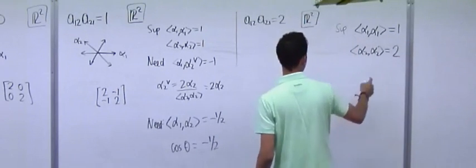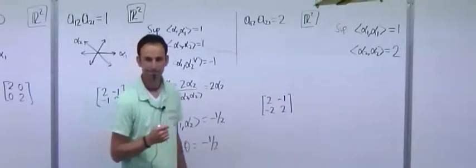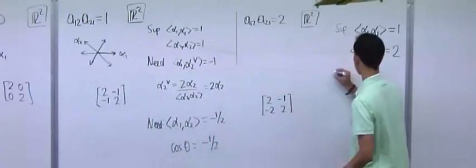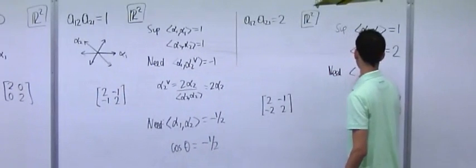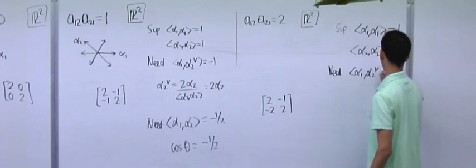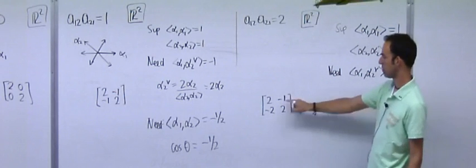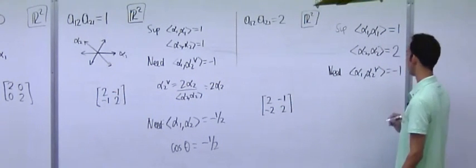Okay? That way this divided by this is equal to this divided by this, as it should be.